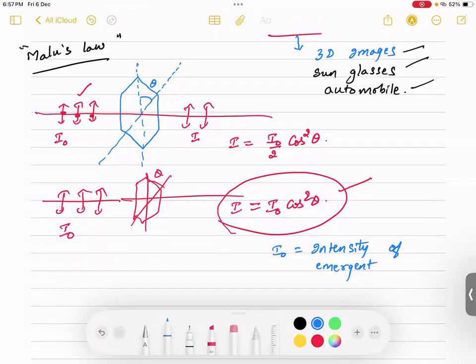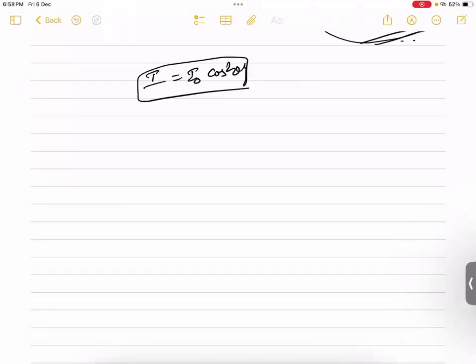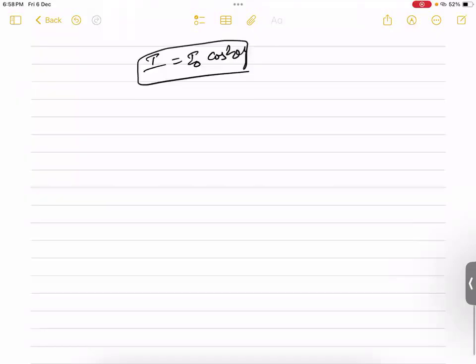The intensity of the incident polarized light.